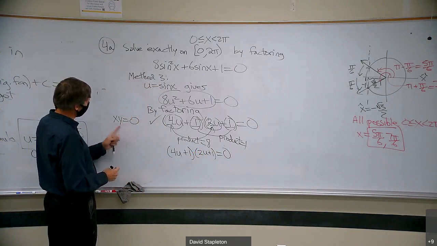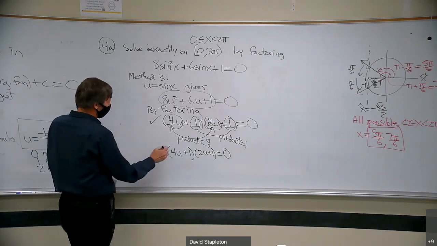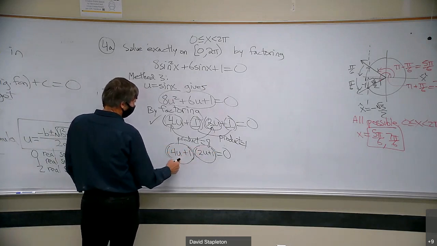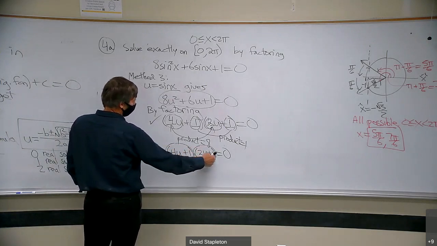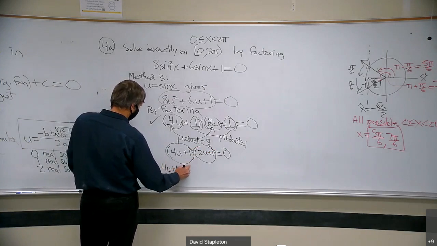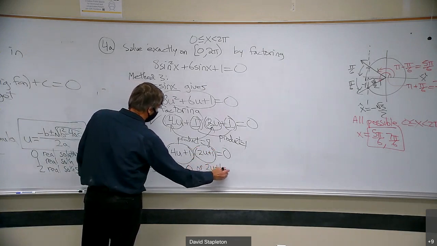If the product's 0, then at least one of the two numbers is 0, maybe both of them. Same thing applies here. This is a number once you put in u, and this is a number. Either this number is 0 or this number is 0. That's the zero product property. So equivalently by algebra, 4u plus 1 equals 0, or 2u plus 1 equals 0.